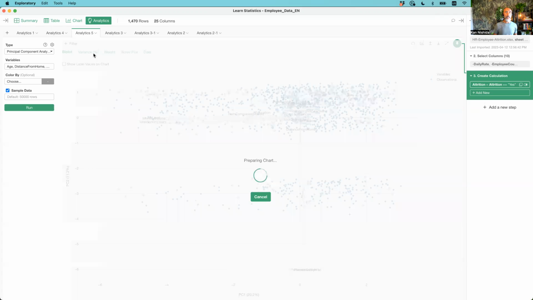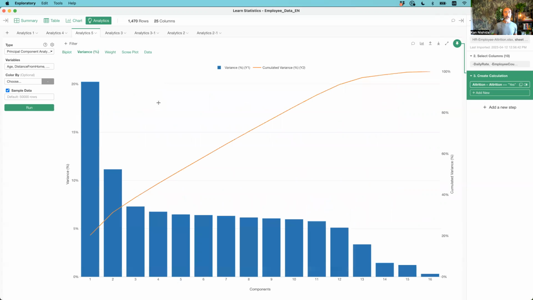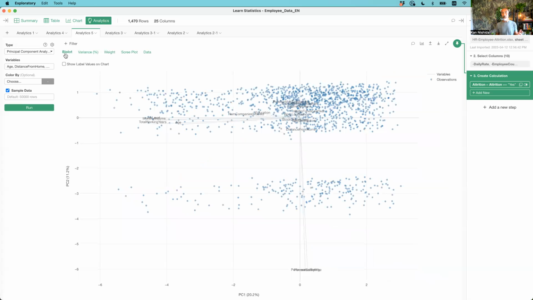You can go to the variance tab, and you see the first one is basically 20% of the original information expressed in the first component. The second one is 11, and the first and second together give 31%. Basically, these accumulated numbers of the original information, or variance, can be captured by using these two, expressed as the x-axis and y-axis.